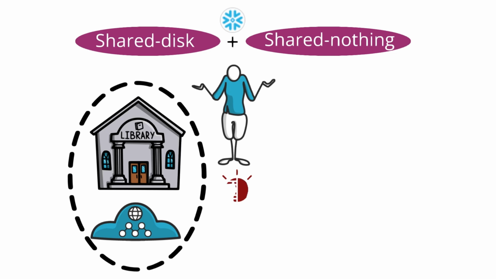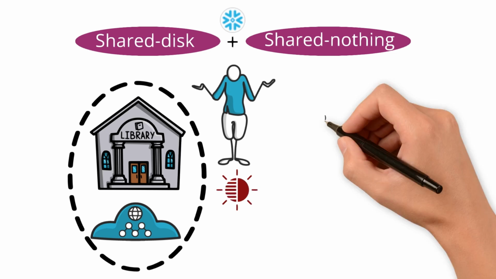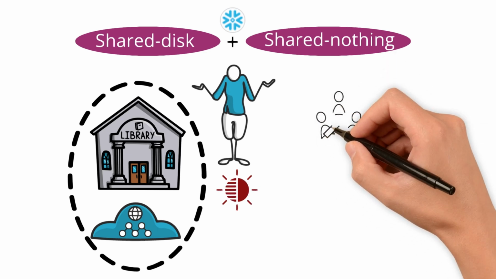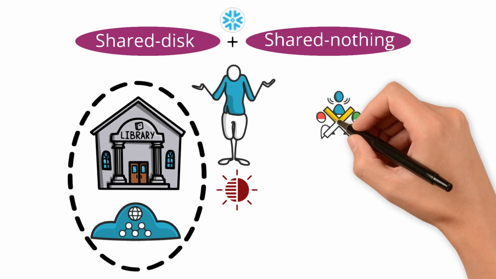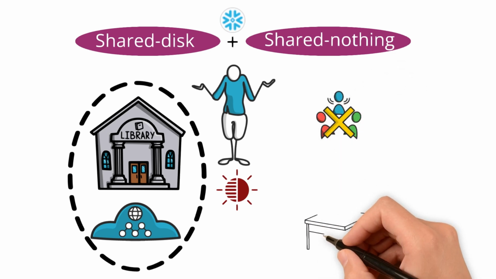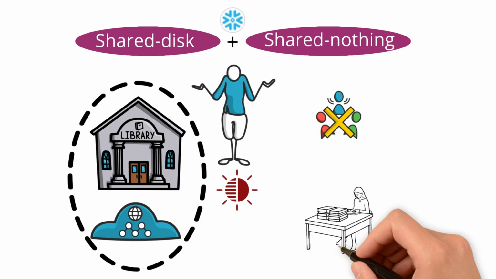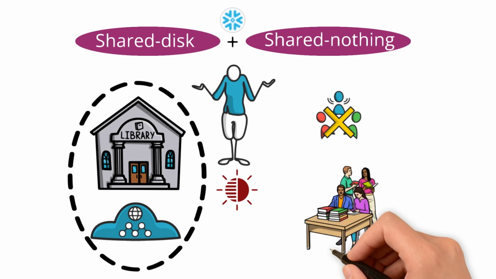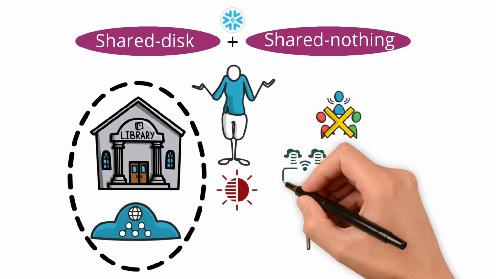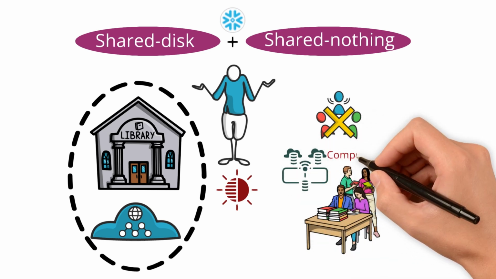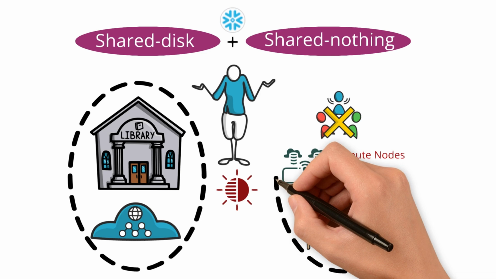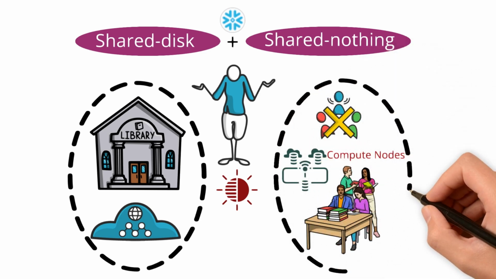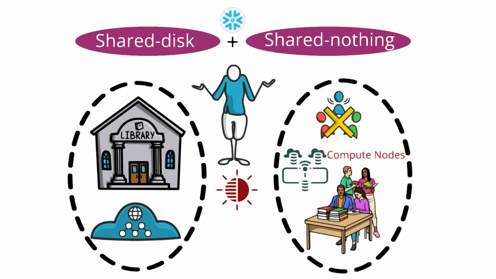Now, in contrast to this, instead of one librarian handling all requests, imagine a team of librarians working together, fetching the books from their section simultaneously, making the process faster. In Snowflake, this is like how it uses multiple computers, also called compute nodes, that work together to process queries simultaneously.